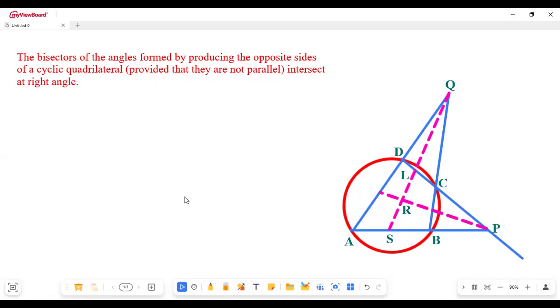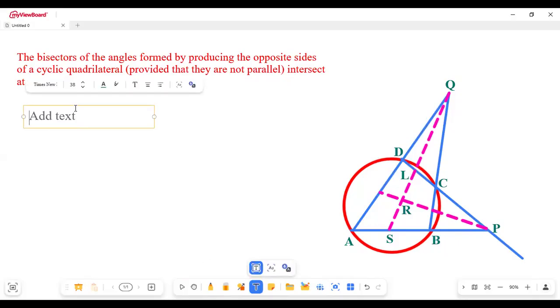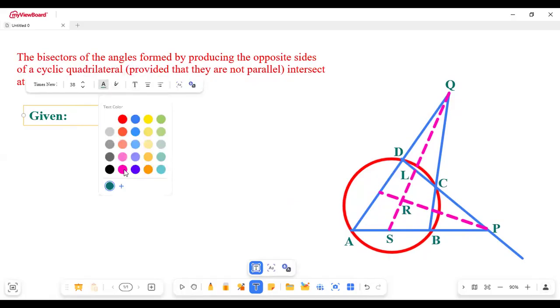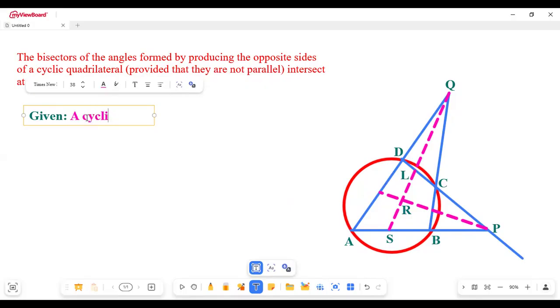First of all, we just write here the given, what we have. First of all, we have to write what we have. So basically, we have a cyclic quadrilateral.